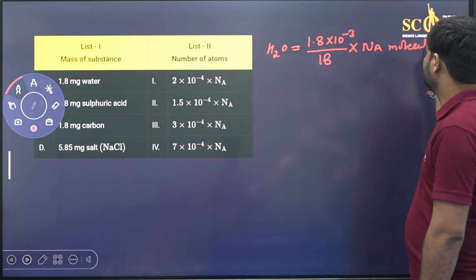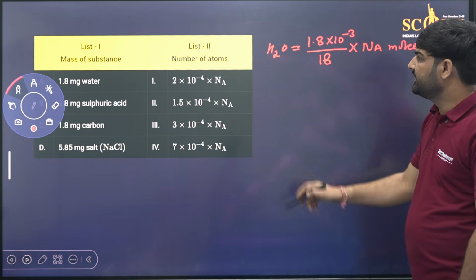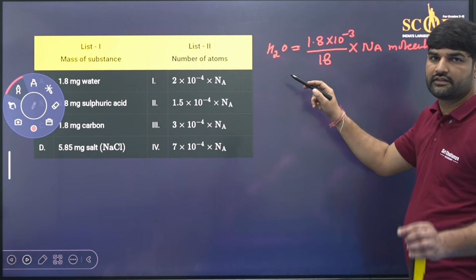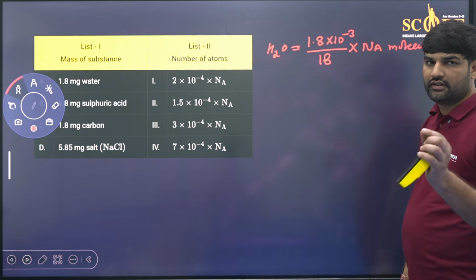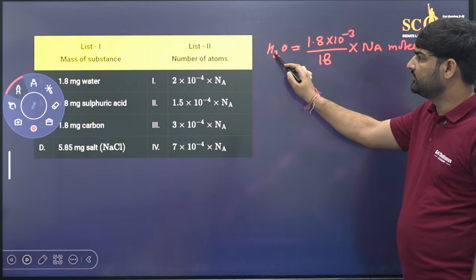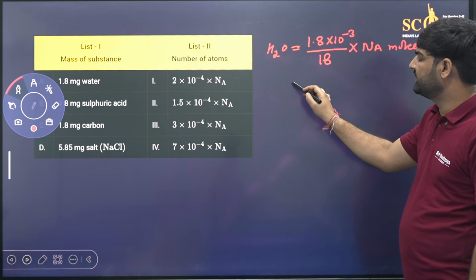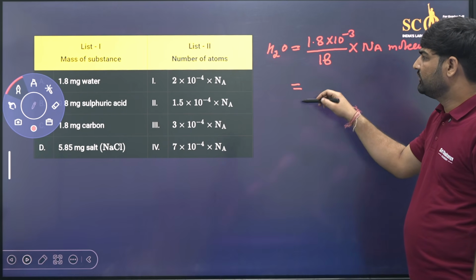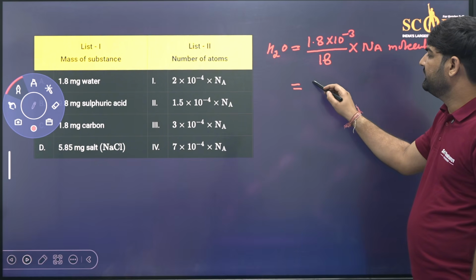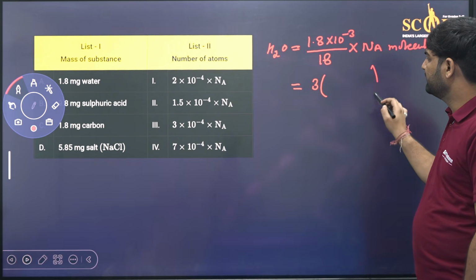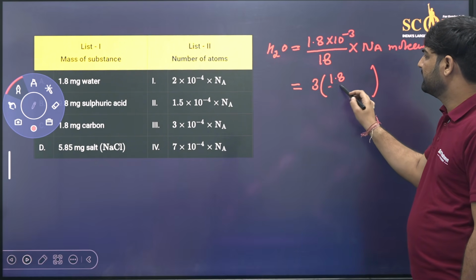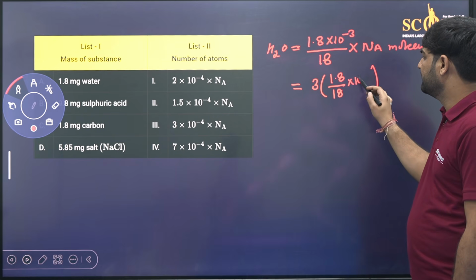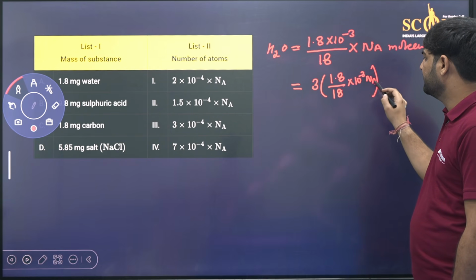This is the number of molecules of H2O, and a single molecule contains 3 atoms, 2 hydrogen atoms and 1 oxygen atom. So we can say total number of atoms will be 3 times the number of molecules. The number of molecules is 1.8 times 10 raised to power minus 3 divided by 18, multiplied by Na.